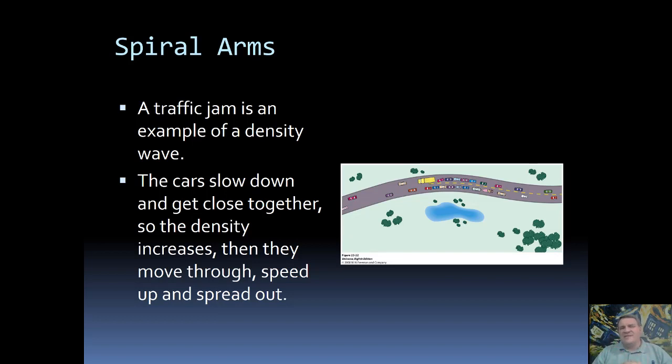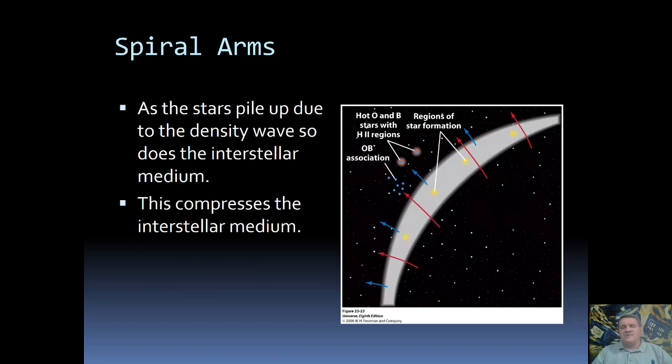This is what we believe is happening with the stars. These spiral arms are high-density regions in an overall density wave. As the stars and interstellar medium push into the spiral arm, they bunch up together. Then, on the other side, they spread out.